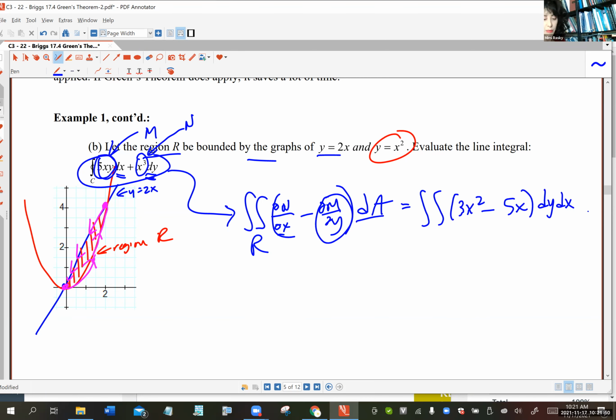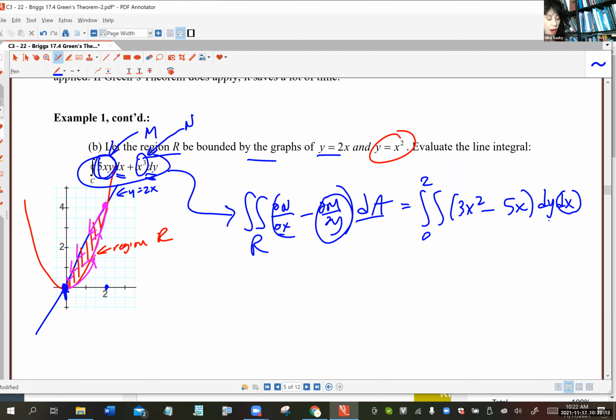That's the vertically simple. And now I need to iterate my double integral symbol. So if x is the outermost integral, what x values are we going to on this region R? It looks like the lowest x we hit is x equals 0, and x equals 2 is the upper limit.